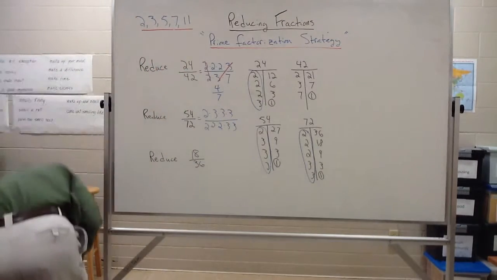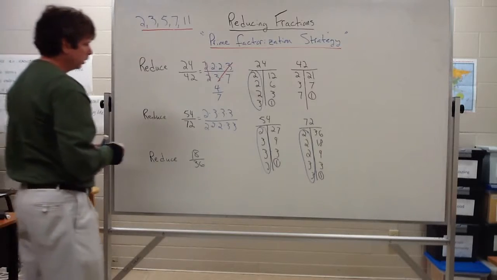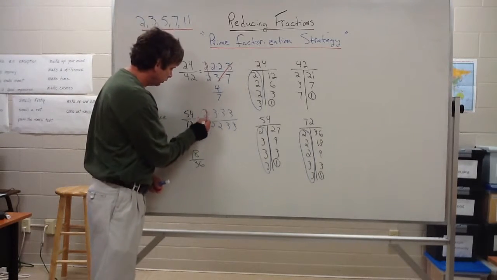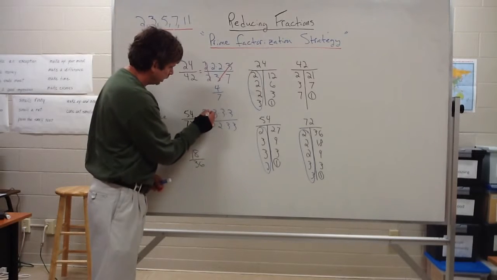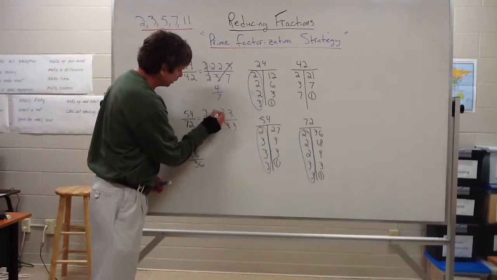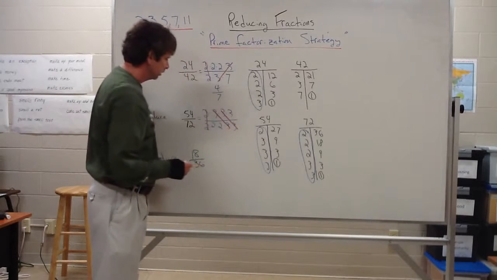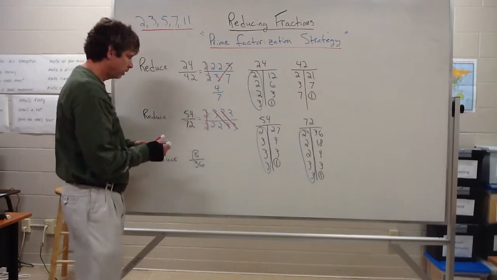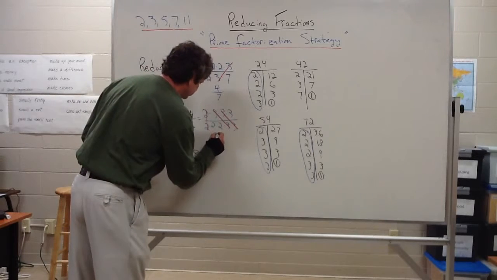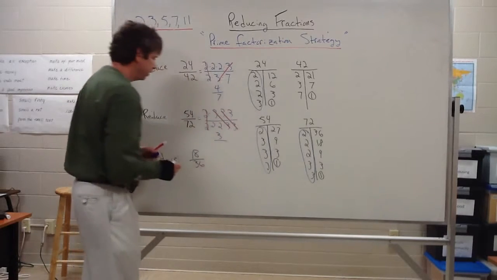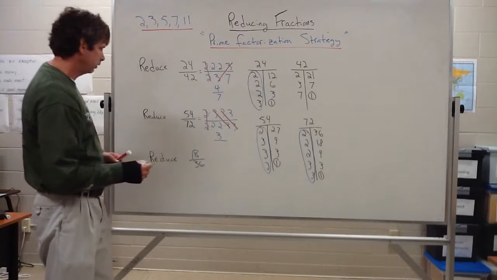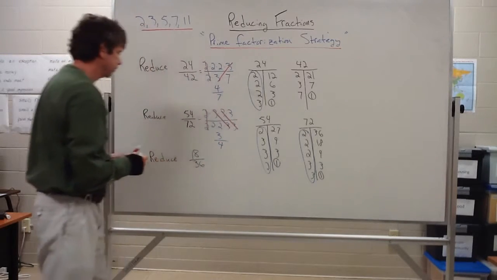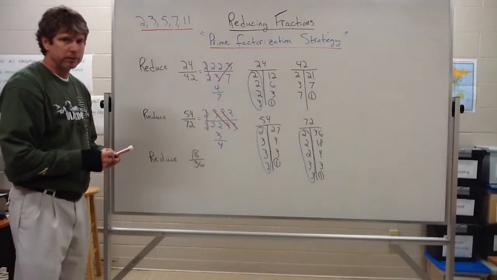From there, we look for any factors that can divide out. And we just see the 2's divide out here, and we see a 3 divide out here, and we see a 3 divide out there. So the only thing we're left with in the numerator is a 3. And the only thing left in the denominator looks like is we have 2 2's, so that fraction reduces down to 3/4. So 3/4 is our simplified form of that.